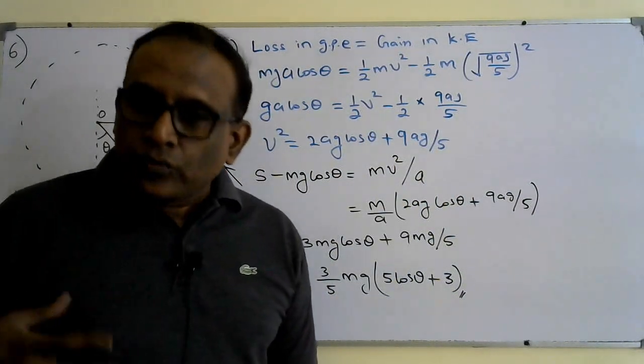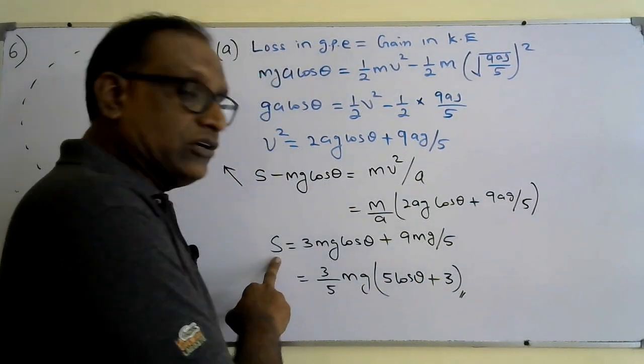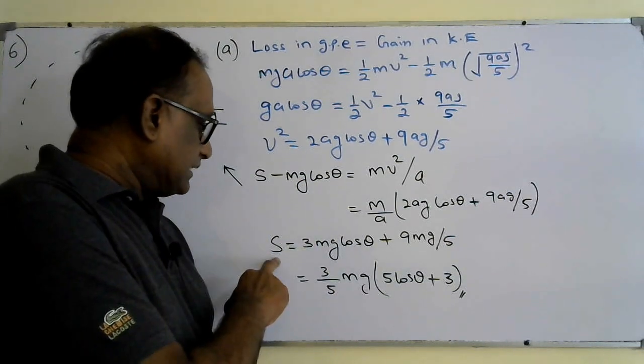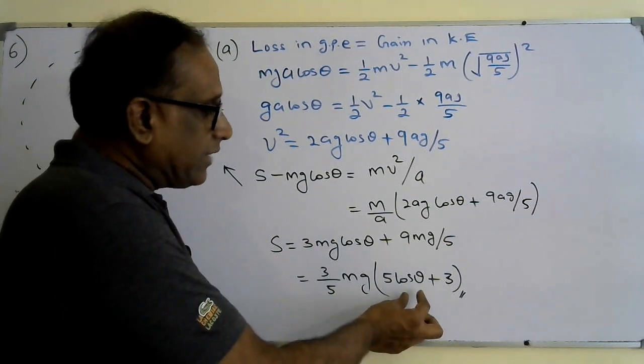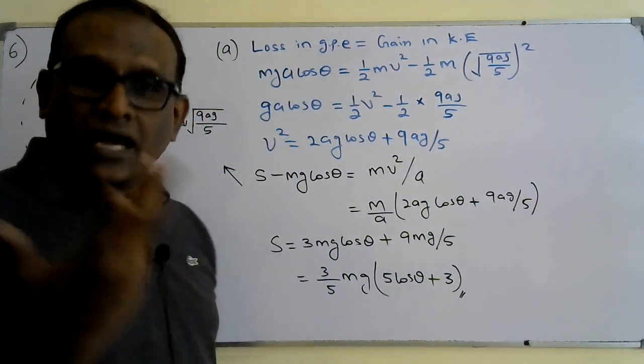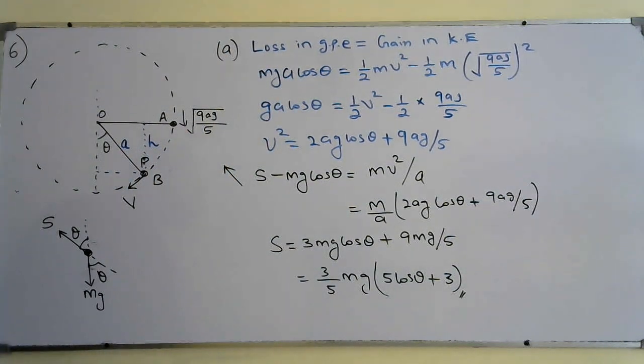So we'll find the value of theta when S equals 0, that is, when the string slacks. We'll find the value of cos theta, substitute that here, and you will get the answer for the speed V. Okay, that's all.